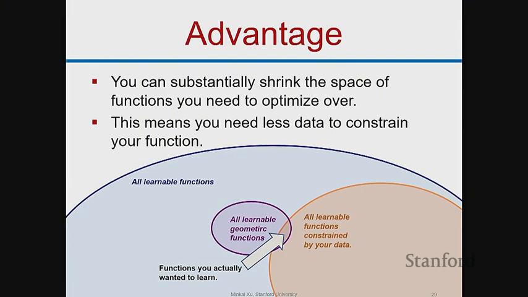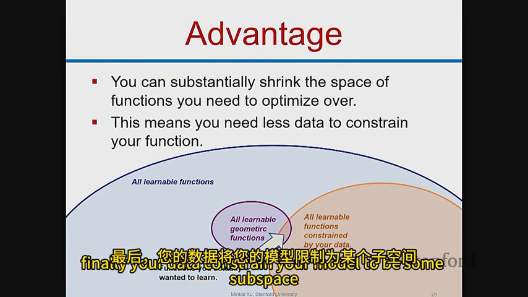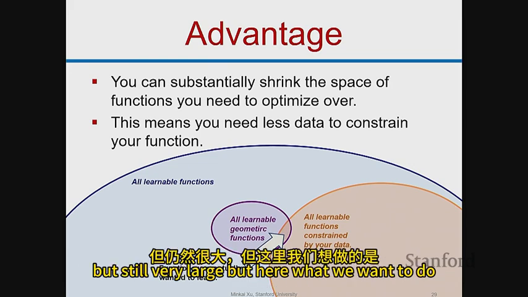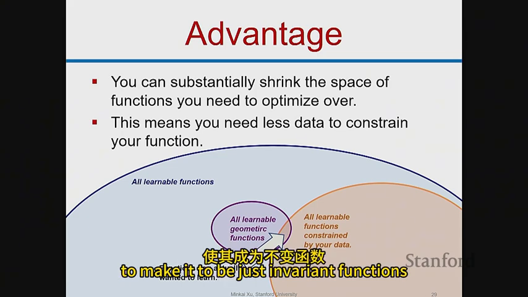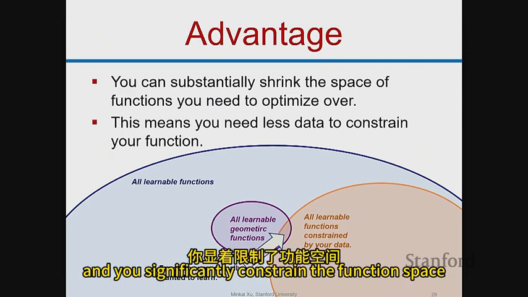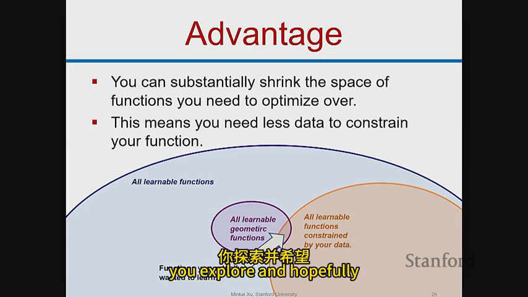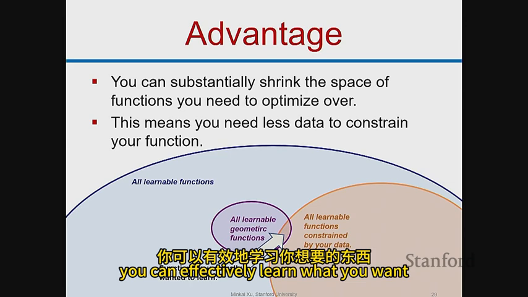Finally, your data constrain your model to some subspace, but it is still very large. But here, you need to constrain your neural network to be just invariant functions. You significantly constrain the function space you explore, and hopefully you can effectively learn what you want.